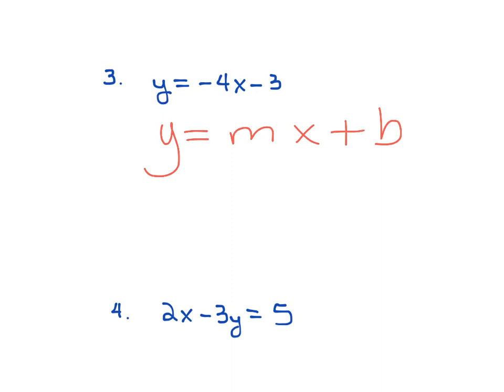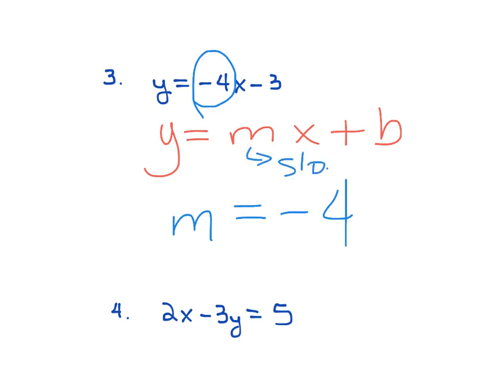When it's in this form and the equation has been solved for y, the slope is the number in front of x. So for this, all you had to do is look at it and tell me the slope was -4. Because again, remember, m represents slope and the b is the y-intercept.